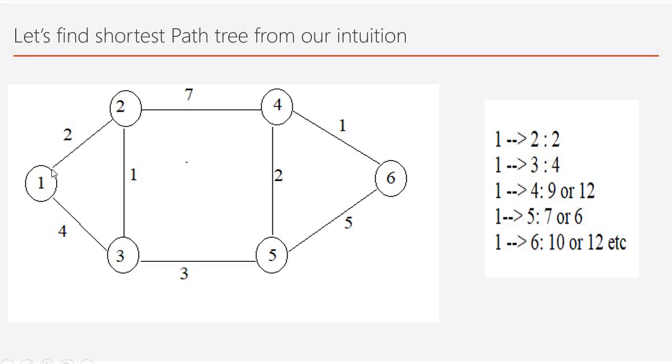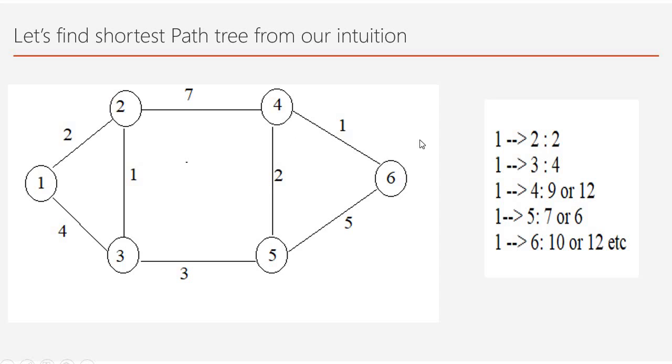Here we can assume the weight is the distance between node 1 and node 2, or even a time required in hours to go from node 1 to node 2. So with this basic knowledge, let us try to find the shortest distance from node 1 to all other nodes. The shortest distance from node 1 to all other nodes is called the shortest path tree.